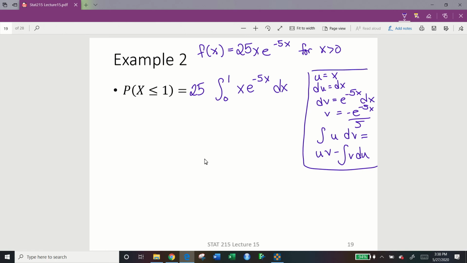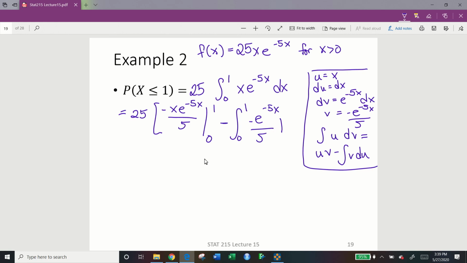So now at this point, we will integrate. This will equal 25 multiplied by the quantity of negative x e to the negative 5x over 5, which we plug in from 0 to 1, minus the integral from 0 to 1 of negative e to the negative 5x over 5 dx. Let's simplify and integrate.